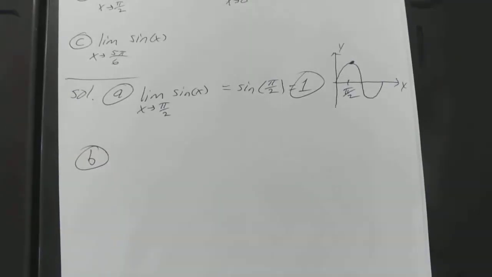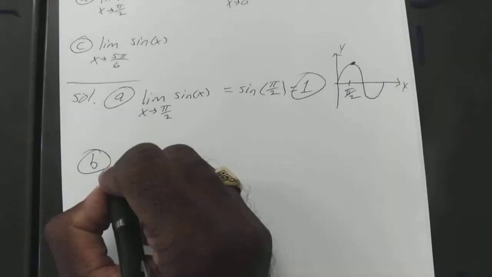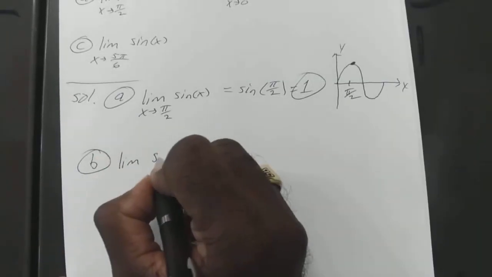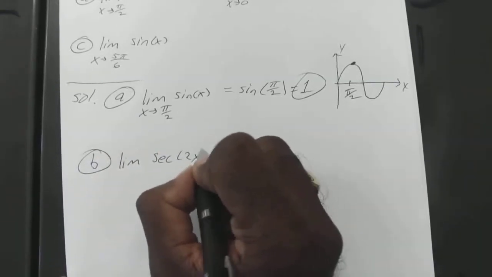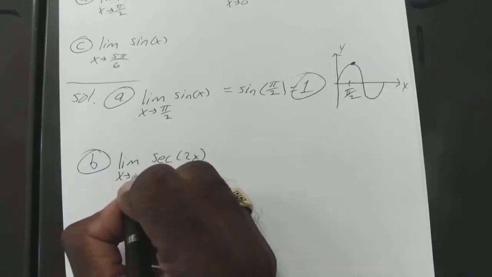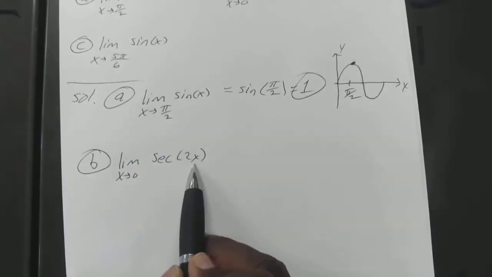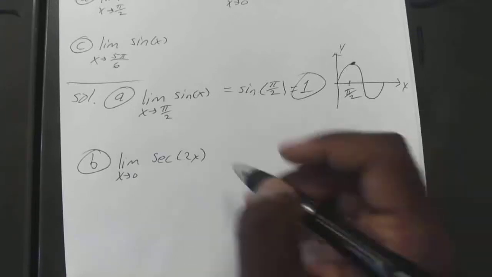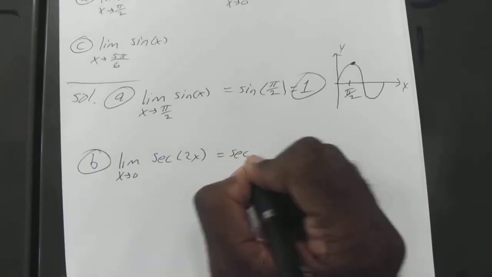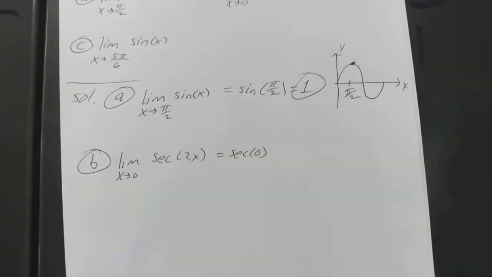Okay. So for problem B, we do the same thing. We just plug in our x. Secant of 2x as x approaches 0. We plug in our 0. It's just 2 times 0, which is 0. So it's secant of 0.